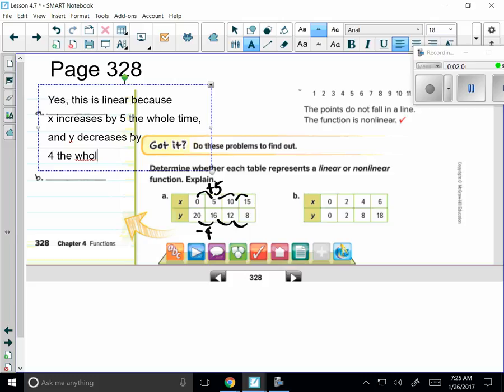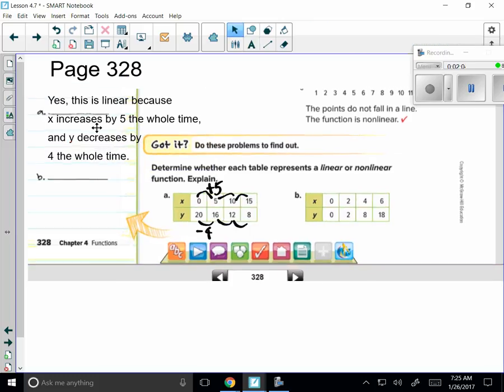Remember, we're trying to look and see if it's constant, if it's the same, and when it is constant, that's how we know it's linear.